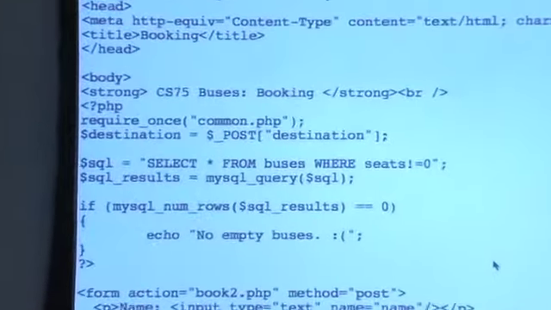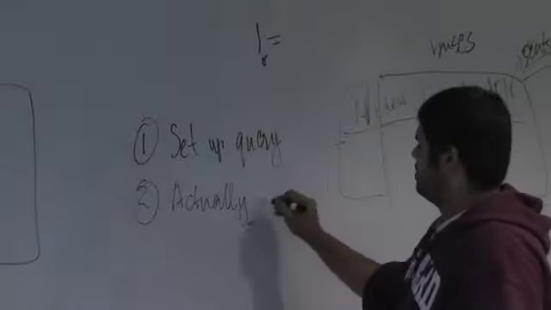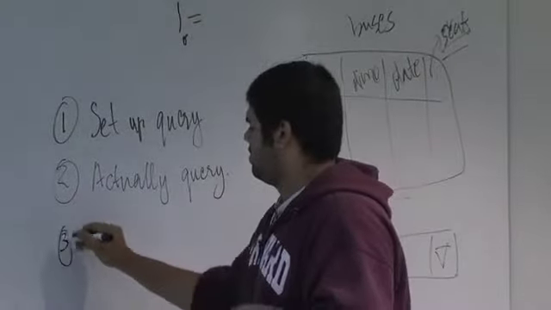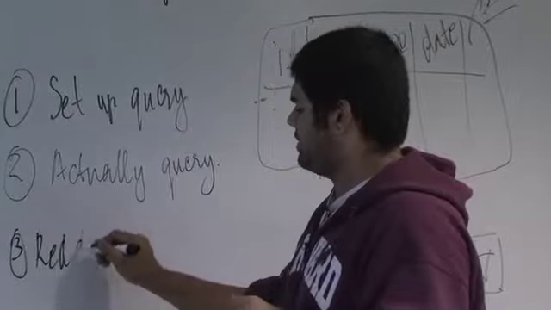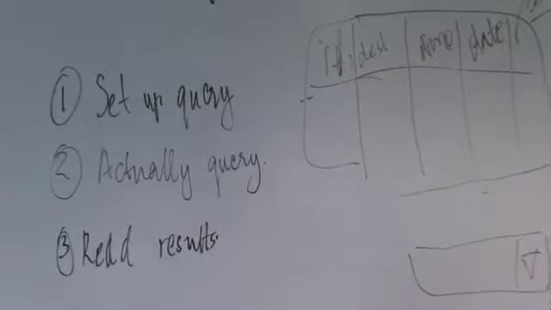It's just a string. Then actually execute it. And then you read the results. So there are 3 steps to querying: you set up the query, you actually query it, and then you read the results.